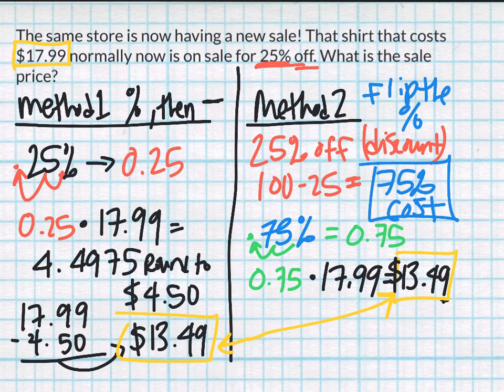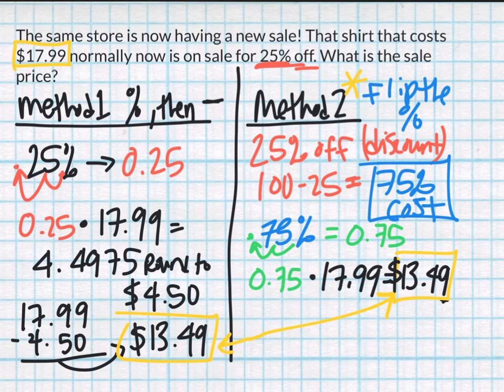So method number 2 actually is my favorite one for trying to figure out sale prices. Like if I'm actually in a store and they're like, oh, this is 25% off. Cool. Then I flip the percent from 25 to 75, grab my phone and do 0.75 times whatever price is on the price tag, and then I know how much it's going to cost plus tax.